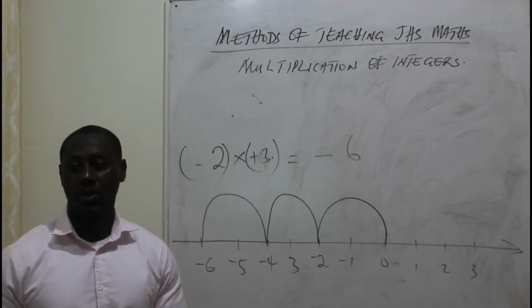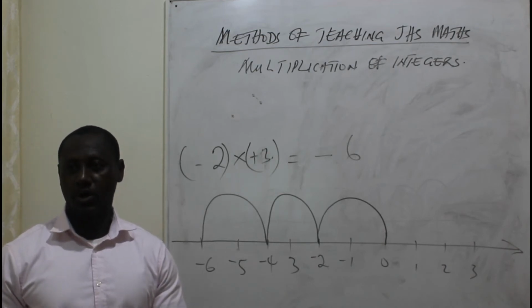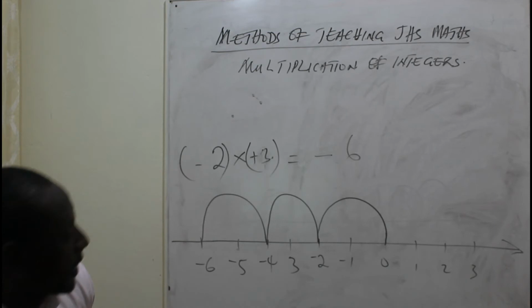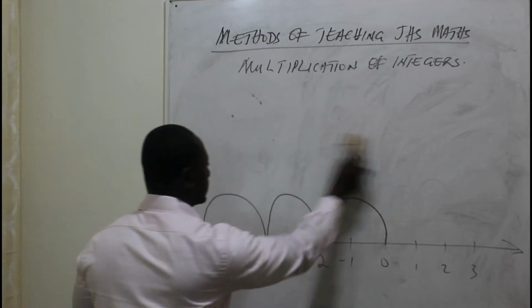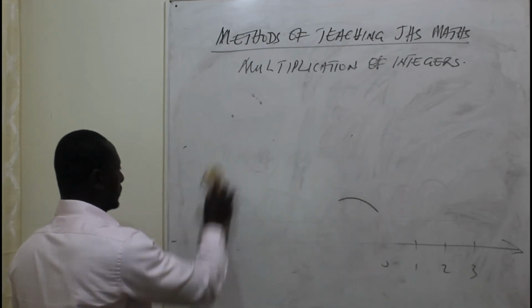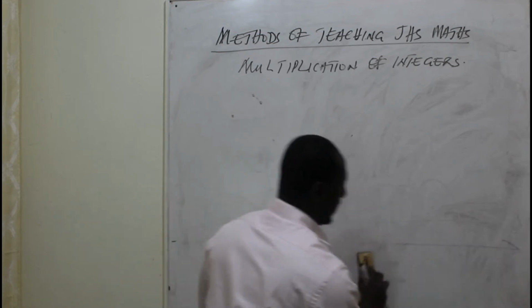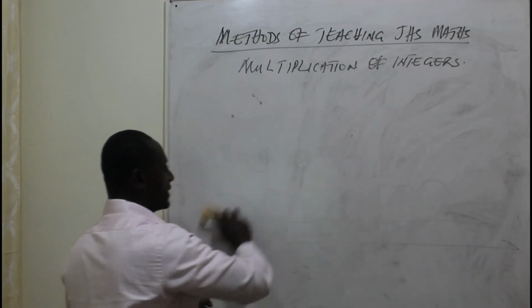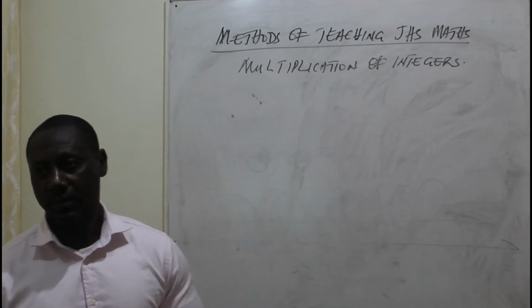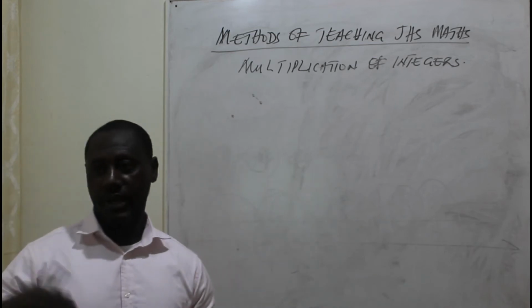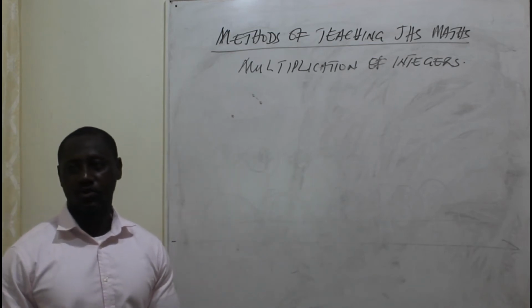Now, we can also do this by using some patterns. Sometimes, if it involves 2 negatives, they become so cumbersome, and so we can use some pattern to do that.